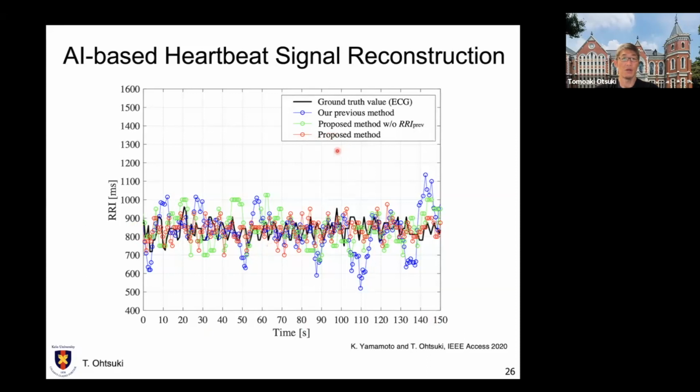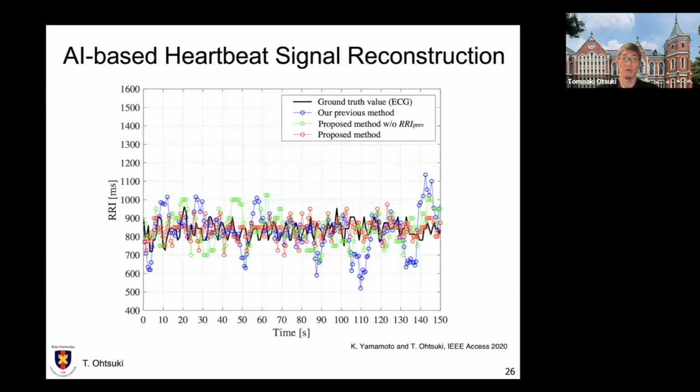And this red line represents the proposed method in the paper. You can see that, not perfect, but in a relatively good way, our proposed method can track the ground truth value.